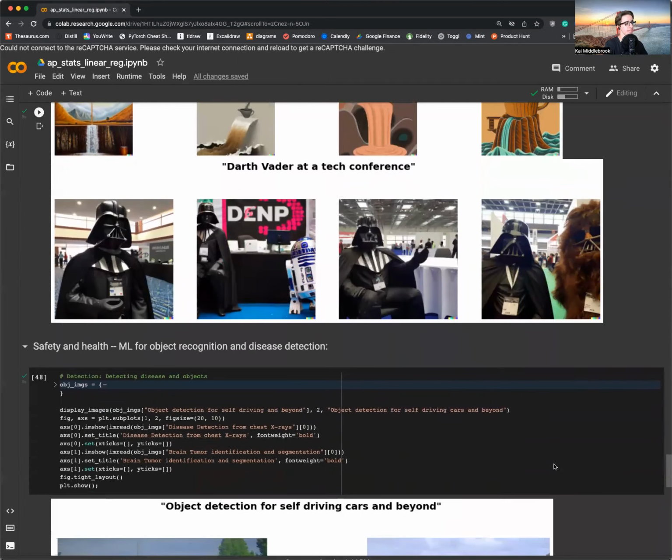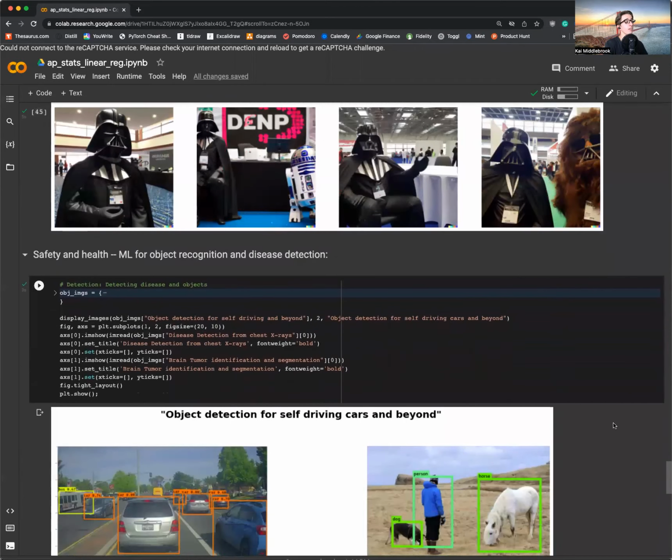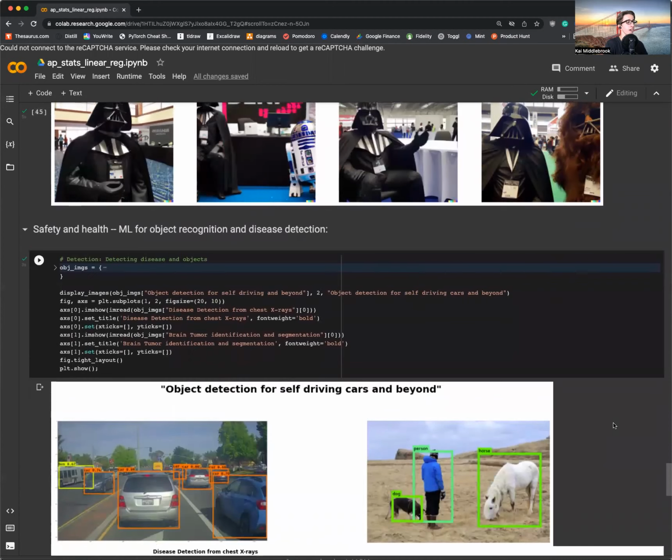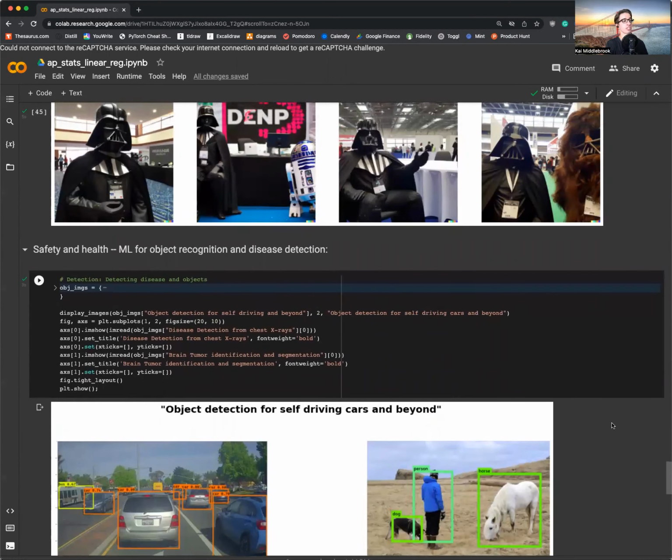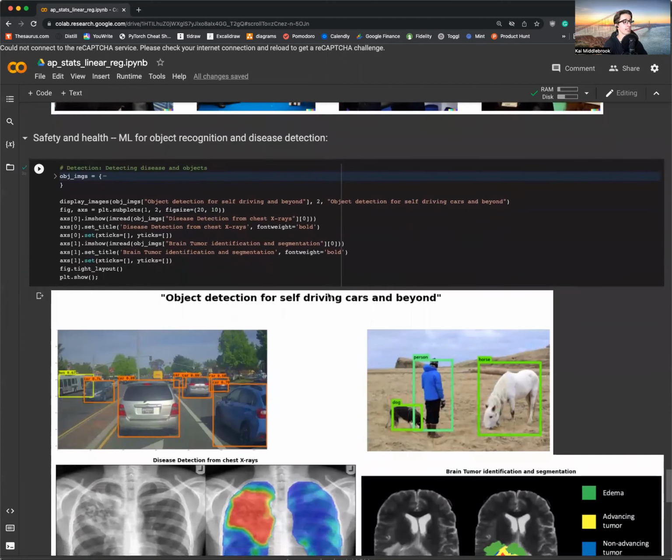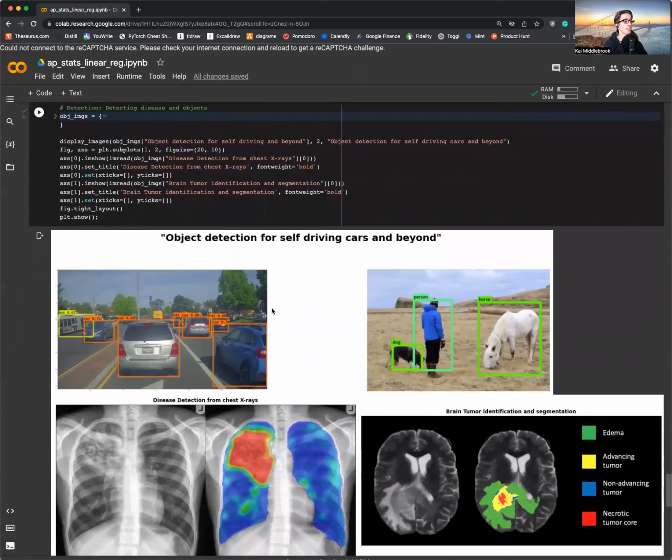Awesome. And then another very practical and exciting area of machine learning powered applications is for safety and health. So machine learning for object recognition and disease detection. Taking a look at some of the cases and examples here, we see for object detection, with self-driving cars, the machine learning algorithm is able to use sensors and cameras on the car and determine what is in front.